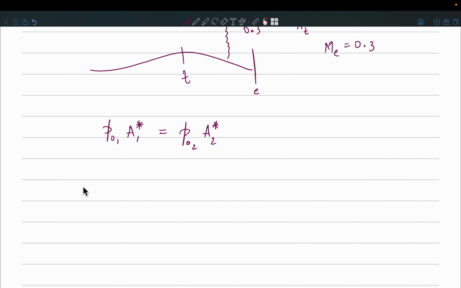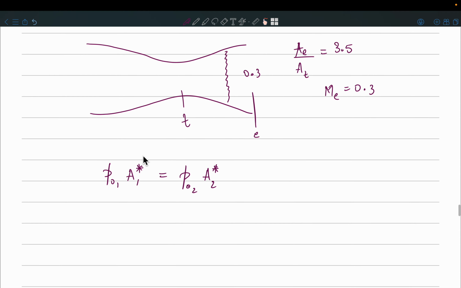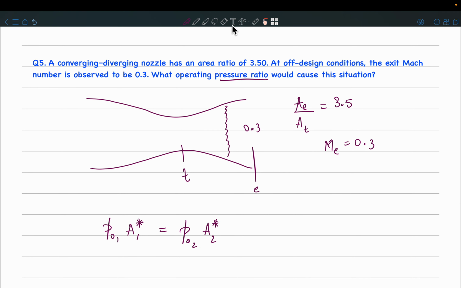Let me do some numbering to this CD nozzle. The inlet is 1, the throat area is 2. Let's say the shock is occurring somewhere over here.